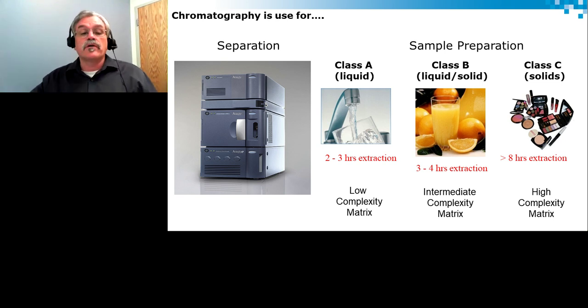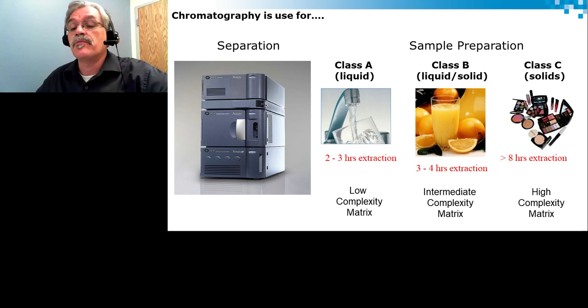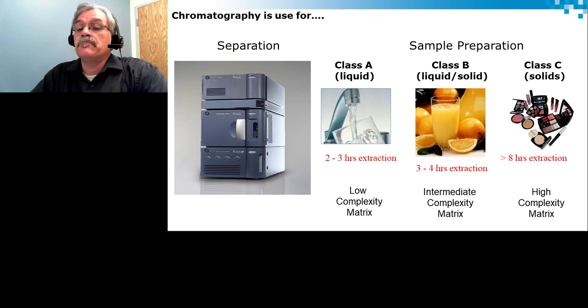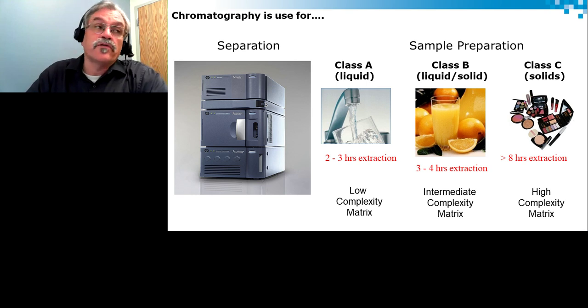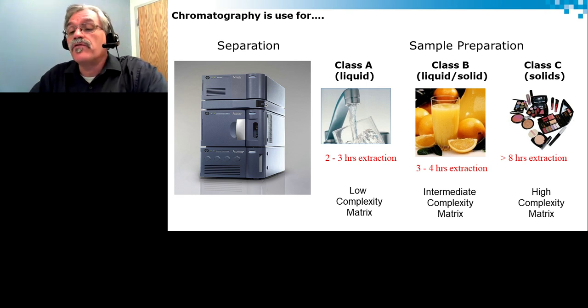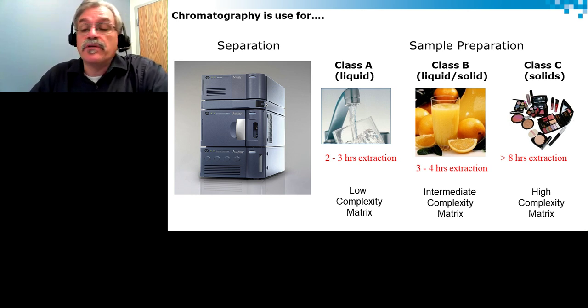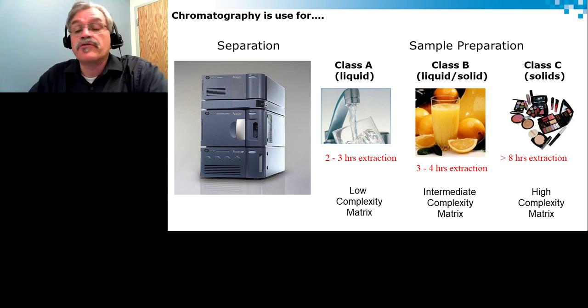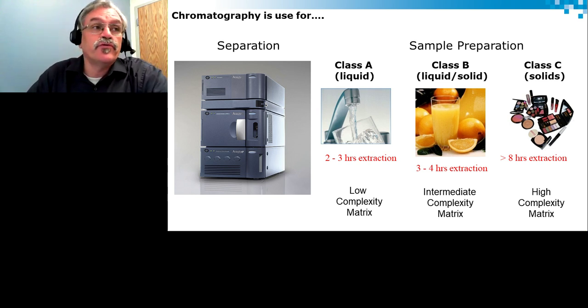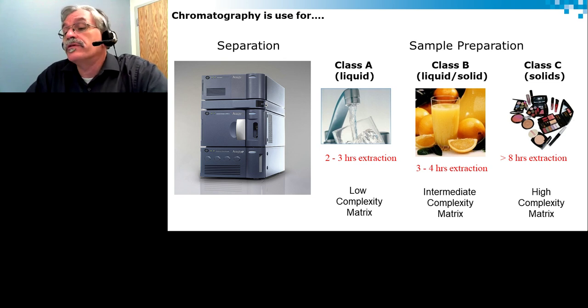huge matrix complexity. Here I've separated the sample matrices into three classes. Class A is a low matrix, such as drinking water. Class B is a liquid-solid type of mixture, such as fruit juice or biological fluids.